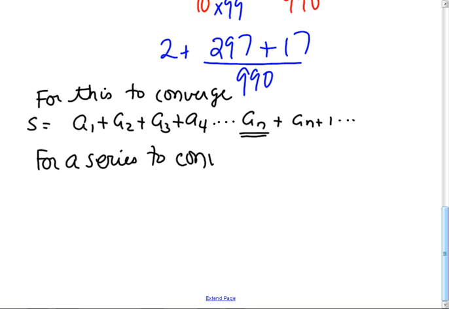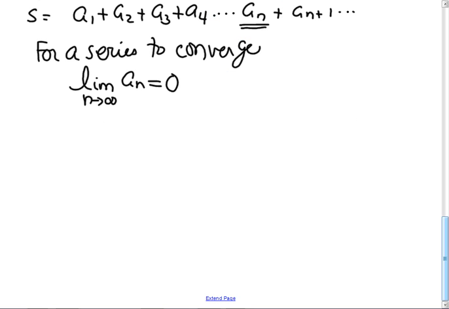So for a series to converge, we now have our first convergence test. The limit of the nth term of the sequence as n goes to infinity must be 0. Now this is a theorem. Are you allowed to reverse a theorem? What if the limit of a sub n is 0? Does the series have to converge? That's the tricky part.